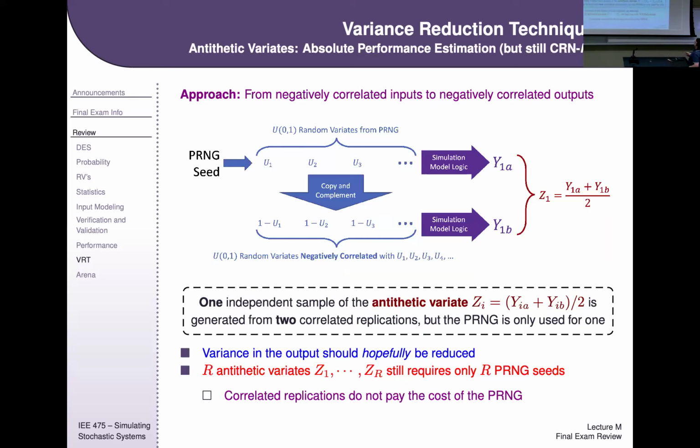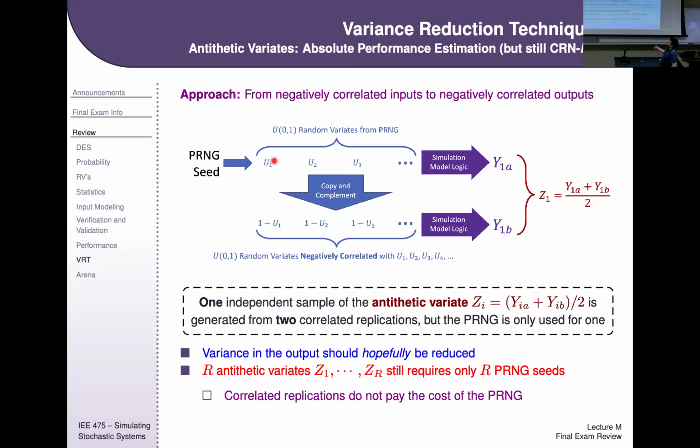And then we talked about antithetic variates, which is like a version of common random numbers, but instead of comparing two systems, it's for better estimating things with one system. So this is the idea that you run one set of random numbers in as one replication.